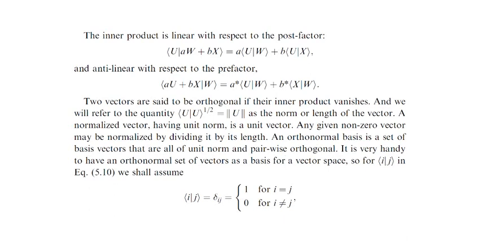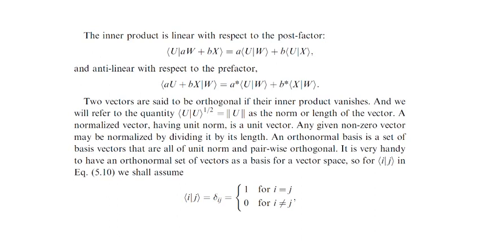Similarly, in a general linear vector space, you can have an orthonormal basis, which just means a set of basis vectors which have unit norm and which are pairwise orthogonal. And the advantage of having such an orthonormal basis set is that the inner product of i with j can be written as delta ij, and that will be equal to 1 only if you take the inner product of i with i or j with j.